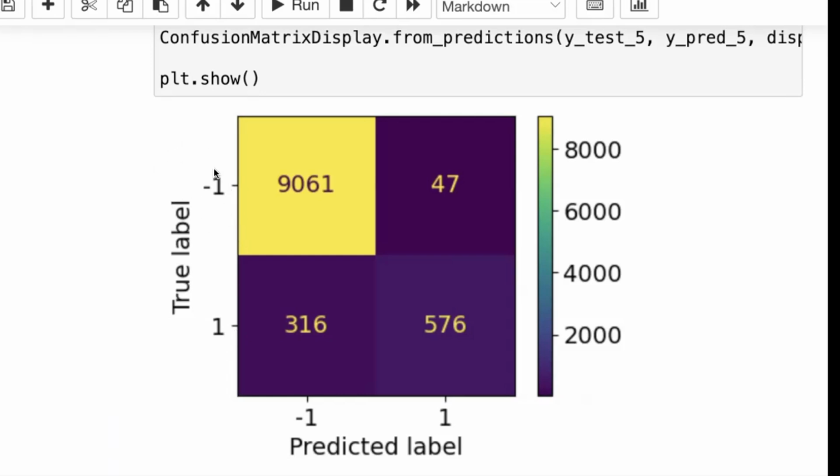So everything that is from the negative class, which means not digit 5, you can see they're mostly predicted as negative, meaning not digit 5. And this is what we expect, right? We have about 9,000 cases that are not digit 5, and we are going to predict them correctly. And we can do this because this is the majority or well represented class.